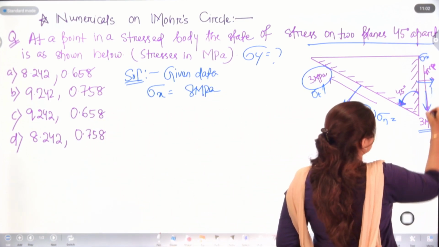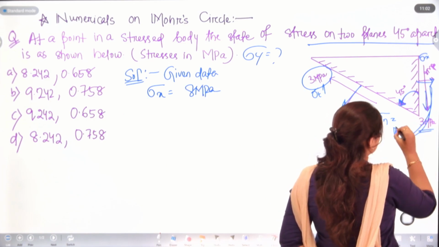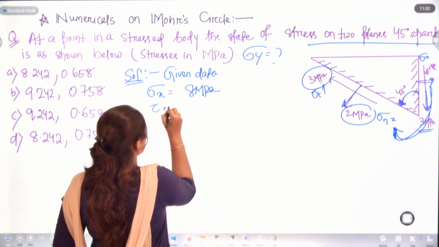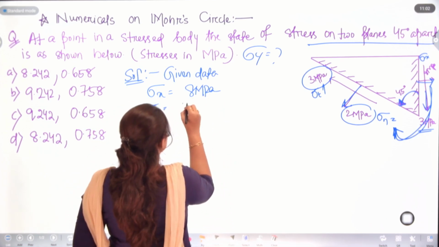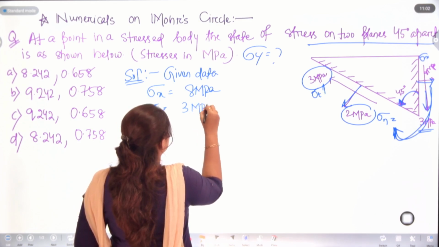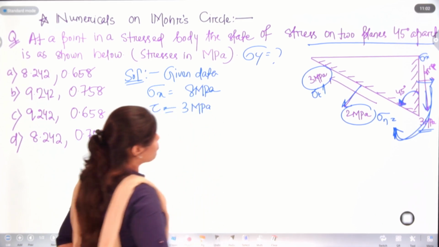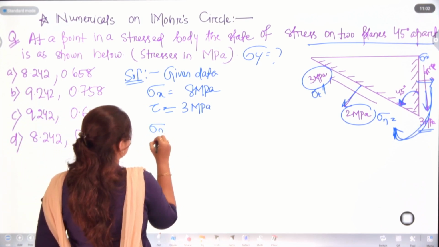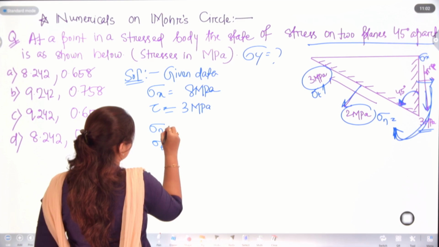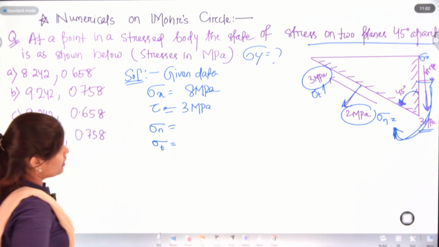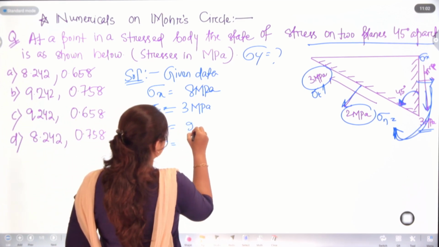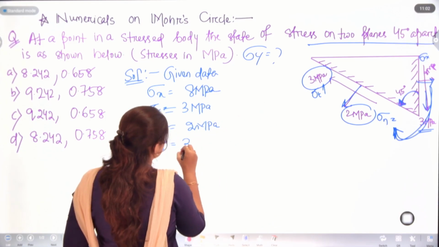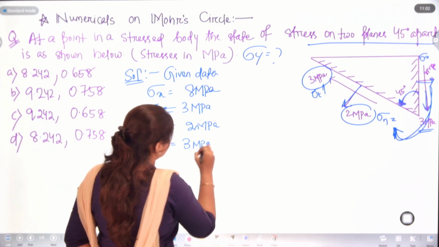You can see the shear stress is in clockwise direction, so also we will take the shear stress as positive, that is 3 megapascal. Now, another two things are given, that is sigma n and sigma t. Sigma n is 2 megapascal and sigma t is 3 megapascal.